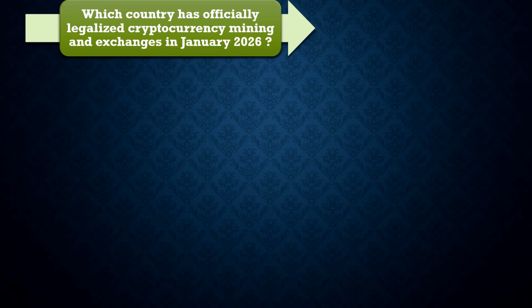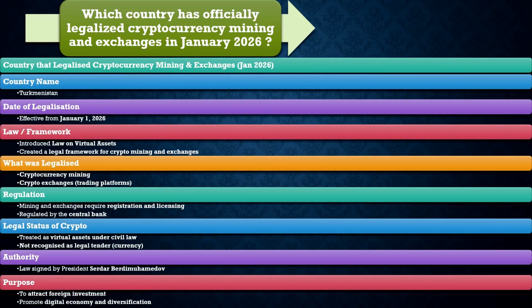The country that officially legalized cryptocurrency mining and exchanges in January 2026 is Turkmenistan, a very important country name.